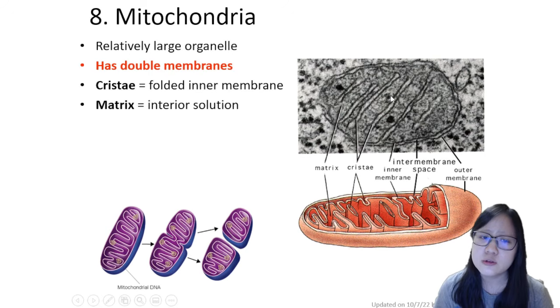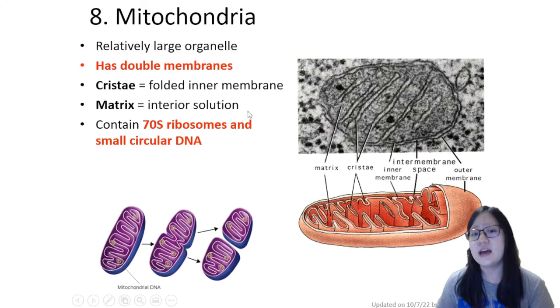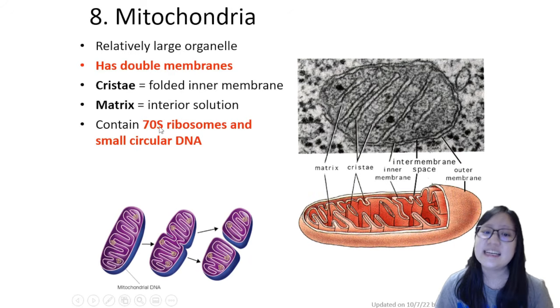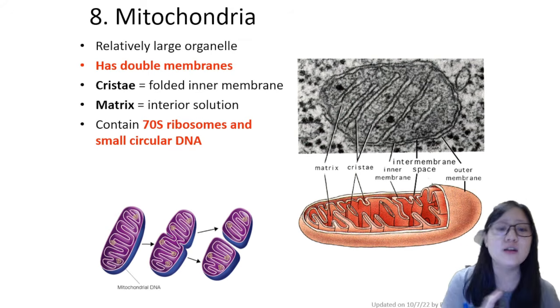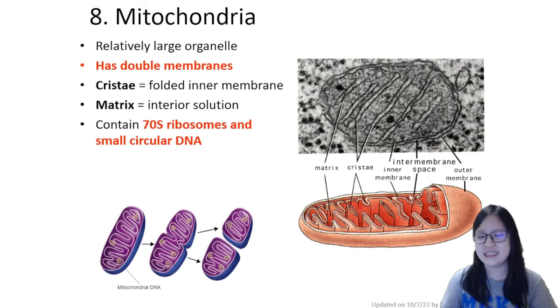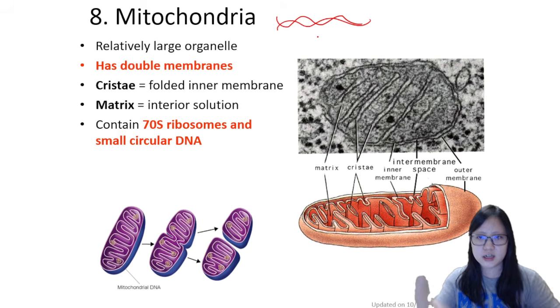The interior solution is called a matrix, and it actually contains a lot of enzymes and also 70S ribosomes, which we discussed earlier, and also small circular DNA. You're like, huh? Small circular DNA? Okay, so it's still double helix DNA, but instead of a huge linear strand, it kind of joins back on itself.